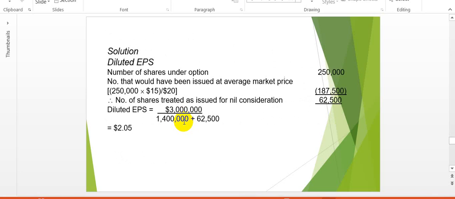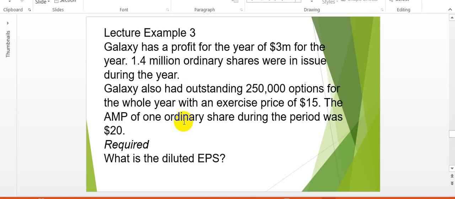So we compute the diluted EPS using that formula. We have the number of shares under options, which is 250. Then you compute the number that would have been issued at average market price, which is the 250 times 15, the exercise price.